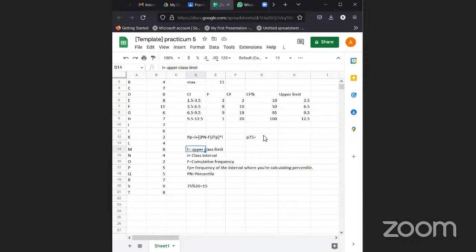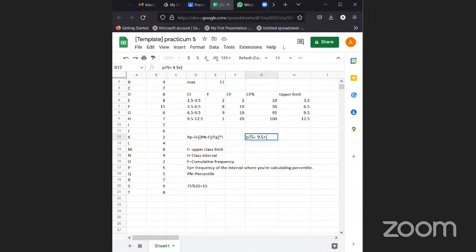So L will be how much? What will be L here? The upper class limit here, which is 9.5. Exactly. So 9.5 plus what do we have next? Pn, which is 15.